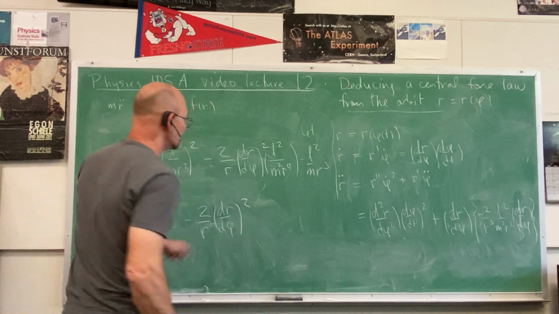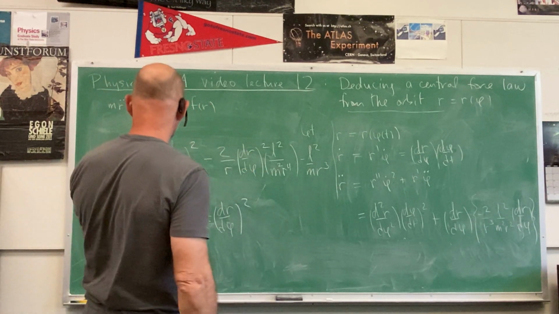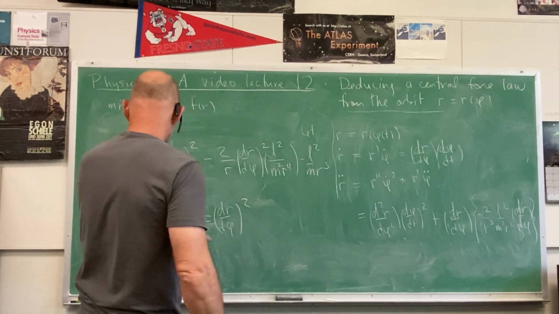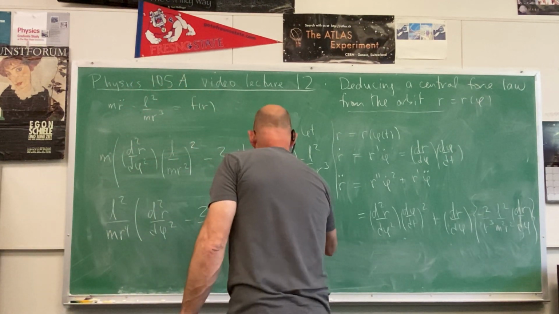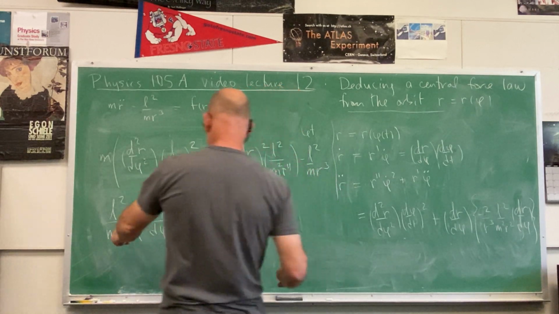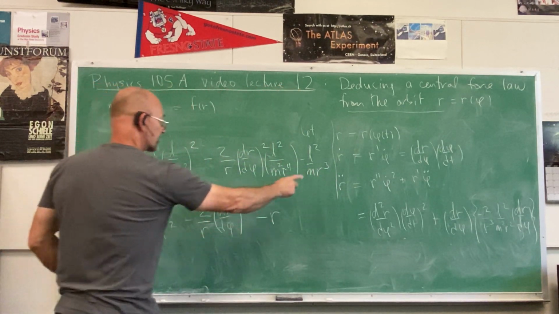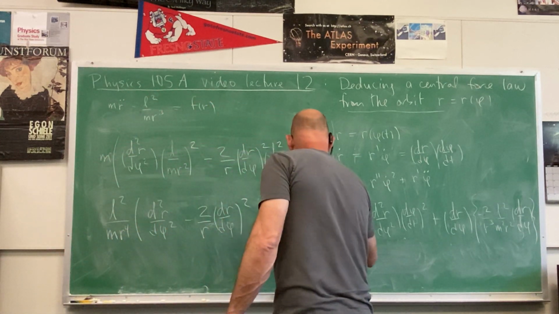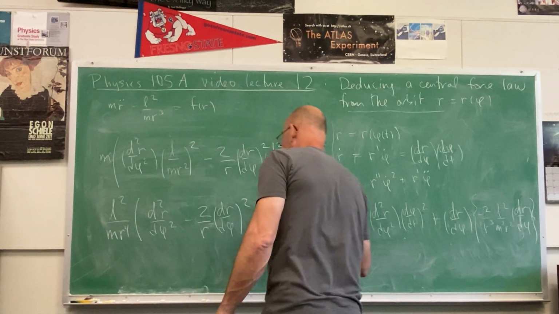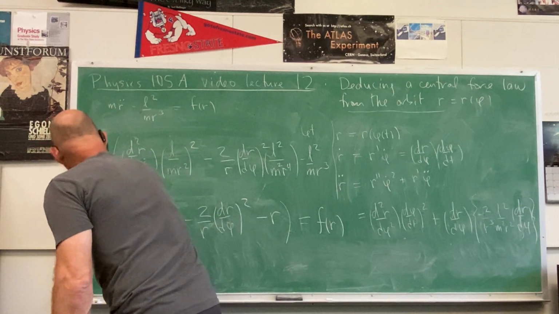There's my L squared over m, cancel the r to the fourth, good. And then here, minus r, and then r over r to the fourth, because we got r to the third. This is it. This is what we were looking for. I'm going to box it in here.